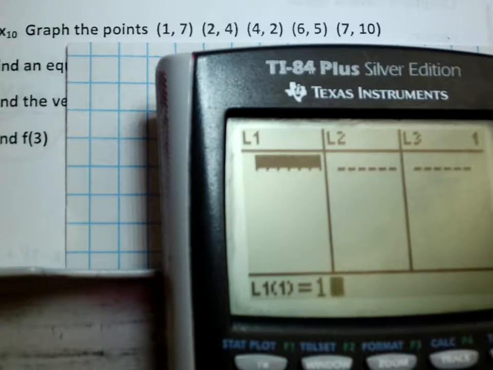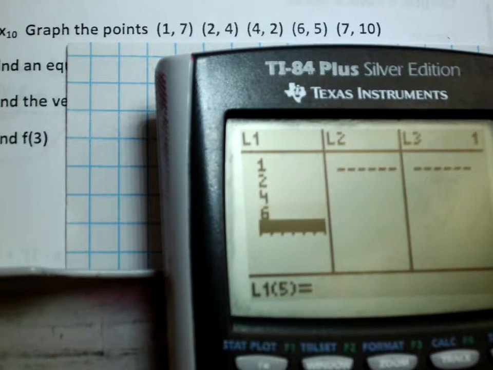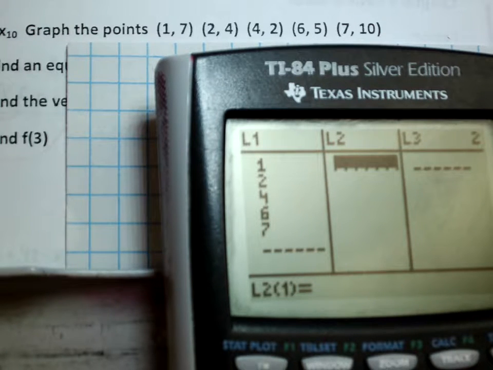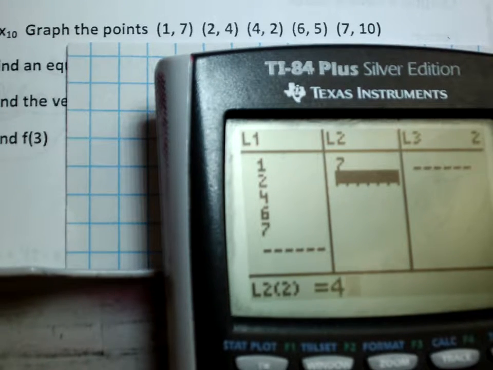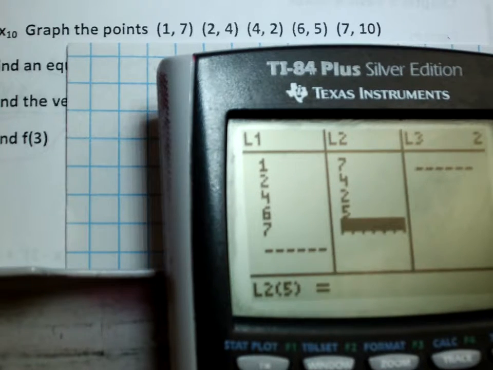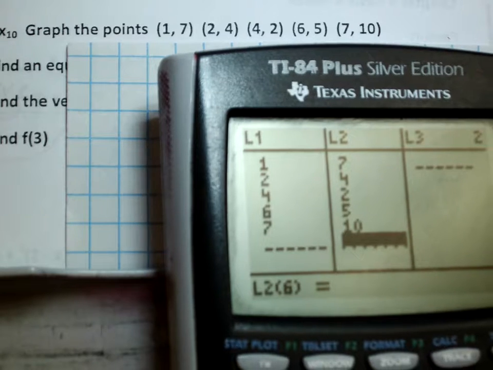Let's put in our x values for list 1. So x values 1, 2, 4, 6, 7. We'll put in our y values into list 2: 7, 4, 2, 5, 10. Okay, how am I doing? Okay.